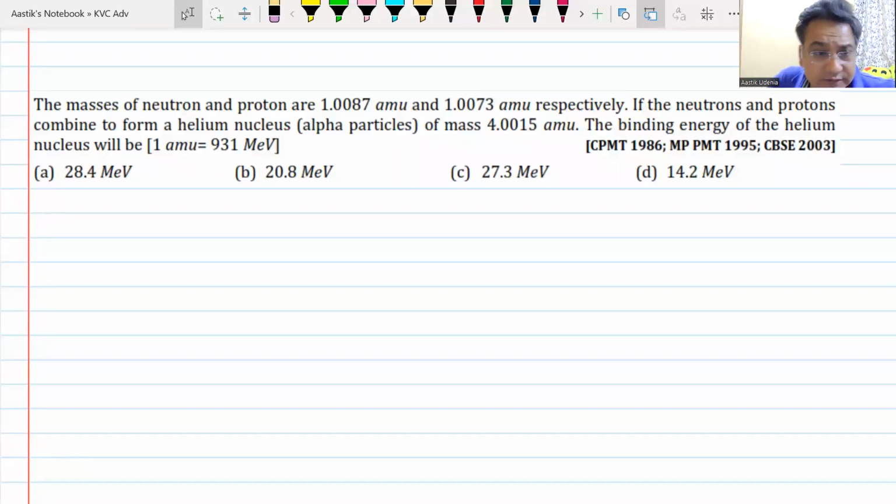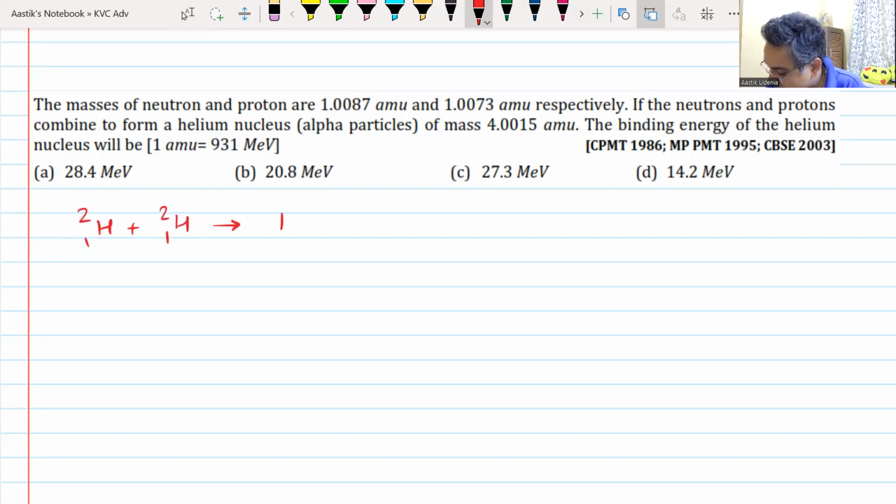So, bache, how are we supposed to find this? Well, first of all, let us write the equation. Two hydrogen 1H1 will combine to form your helium, and we normally write Q value like this, plus Q. Now we just have to find out the Q value of this reaction.